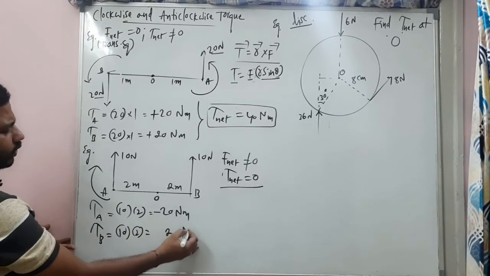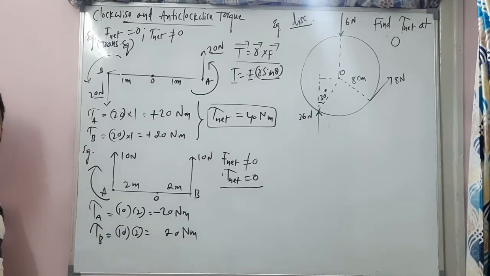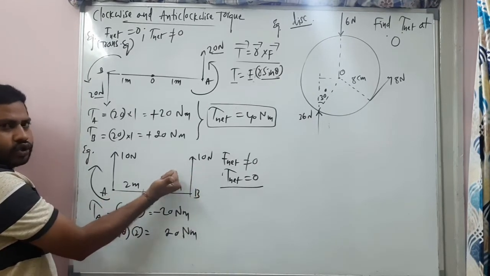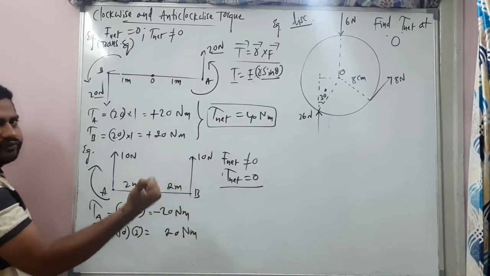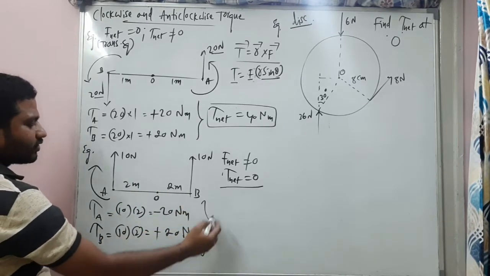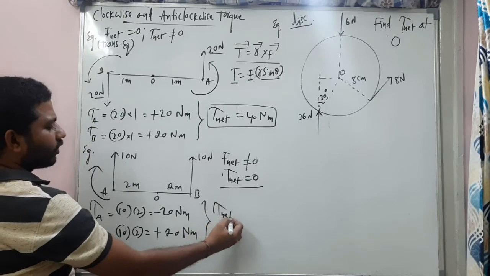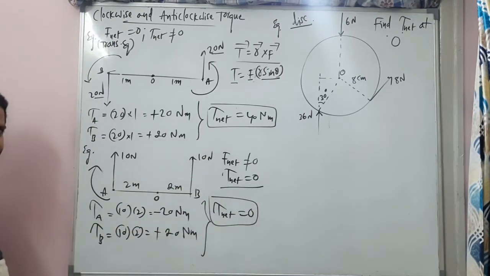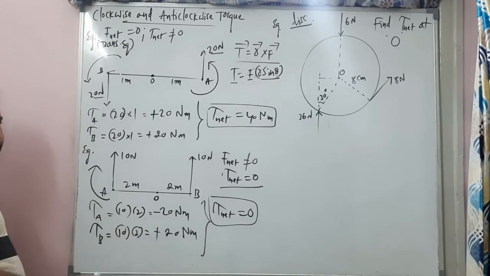It's 20 Newton meter. And if you observe carefully, this is R bar, this is F bar. So now the torque is out of the plane. Out of the plane means positive. So from these two, the net torque I got 0. You all will agree with this? This plus this: minus 20 plus 20 you get 0.